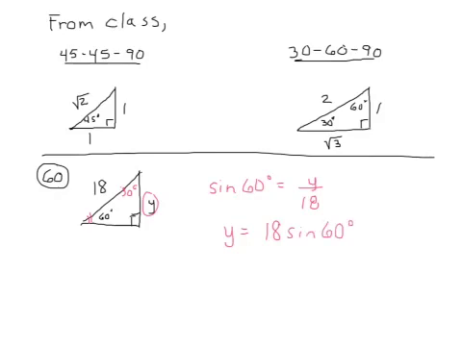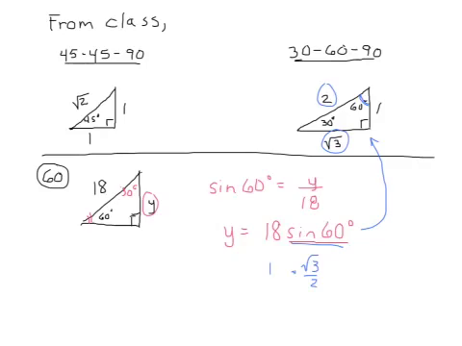Now, I don't want to grab the calculator from this point on. Sine of 60 has an exact value. That calculator is not going to give me an exact value. So I'm going to look right up here, and I'm going to say sine of 60, there's my 60, is opposite over hypotenuse. So sine of 60 is square root of 3 over 2.